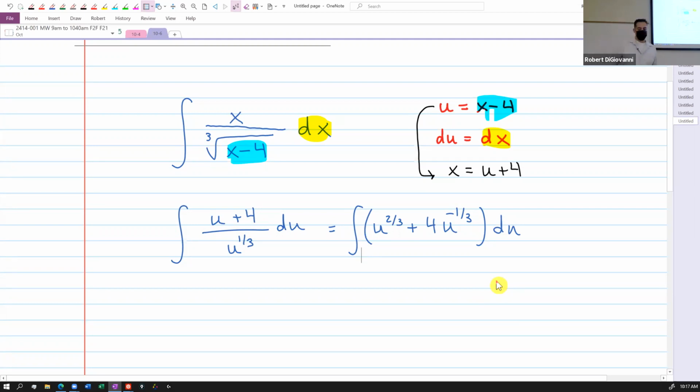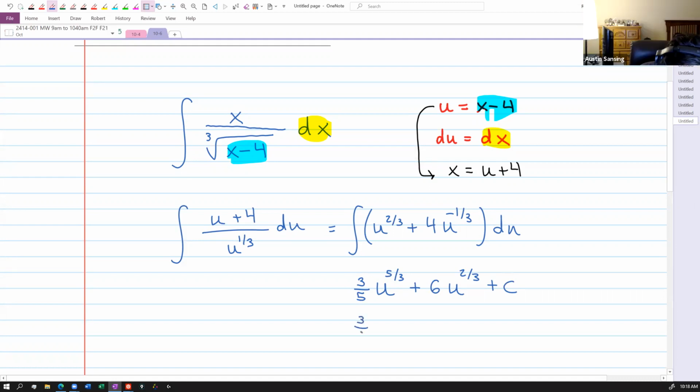Power rule. Add 1, right? So correct me if I'm wrong. 3/5 u to the 5/3 plus, okay, when I add 1 to that, I'm going to get 2/3, and then I have to multiply by 3/2. 4 times 3/2 is 6. u to the 2/3 plus C. Now, what's u?